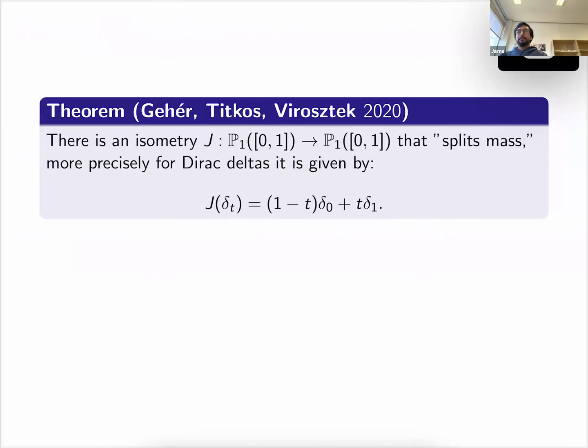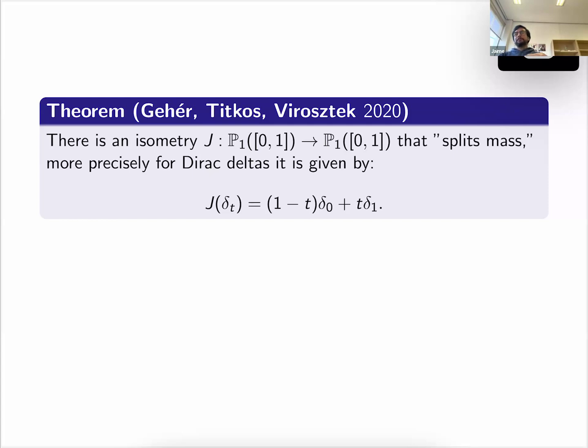And well, there are two things that are known. The first one is a theorem by Geher, Titkos, and Virosztek, where they prove that there's an isometry J for the L1 Wasserstein space of the closed interval that splits mass.